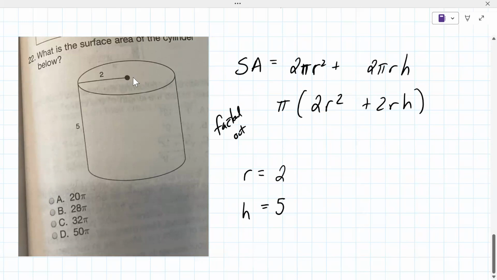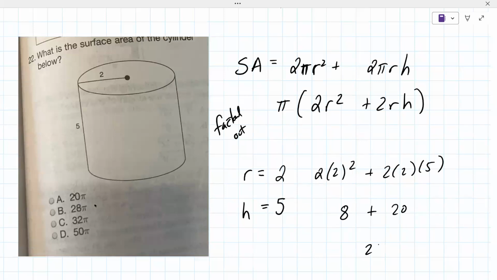Is it B? Okay, so you go with B there. So it's 2 times 2 squared plus 2 times 2 times 5. So that's 8 plus 20. So it is 28 here. Very good. So there's a number of surface area formulas.